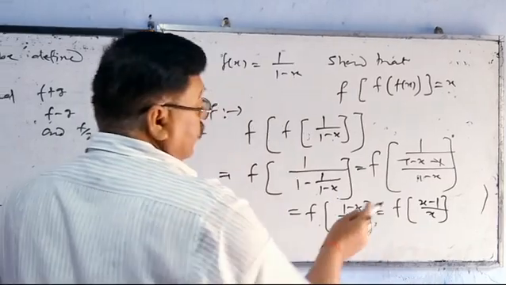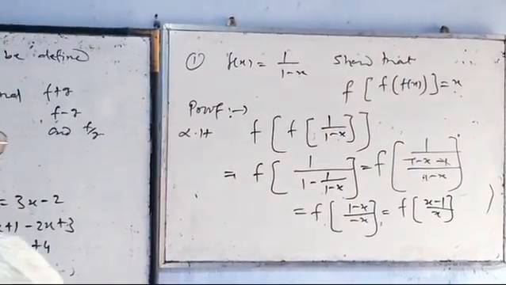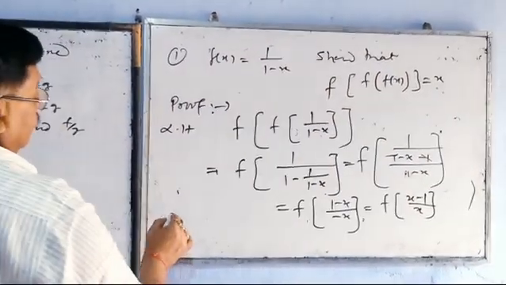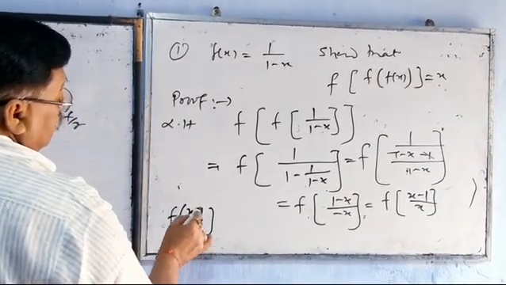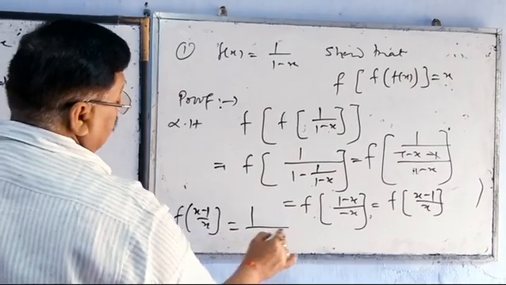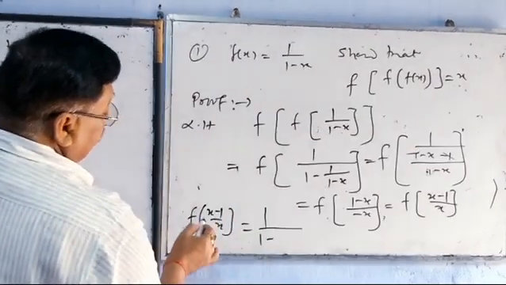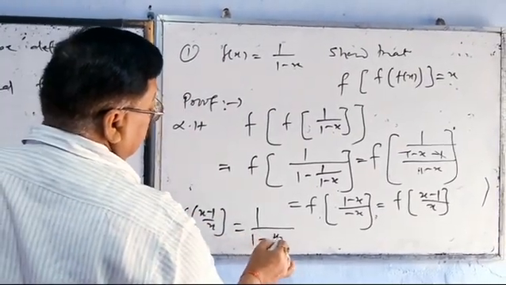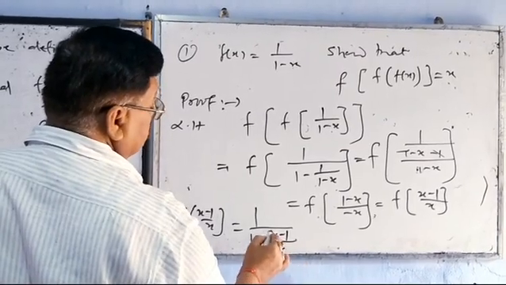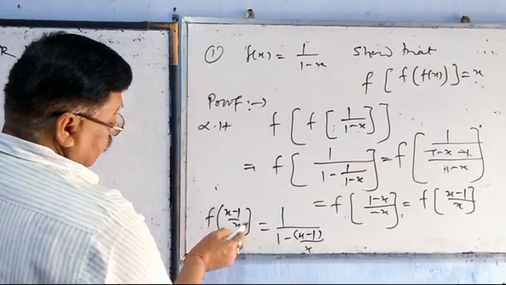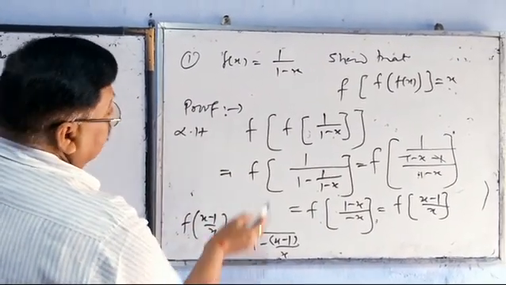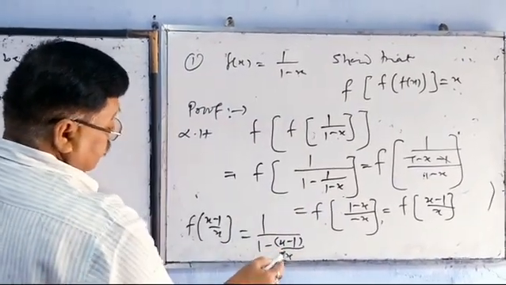Again we find the value of this: f of x minus 1 by x. It is the value of x, so 1 by 1 minus, at the place of x we write x minus 1 by x. Now here keep in mind, this is the value of x, so 1 by 1 minus (x minus 1 by x).